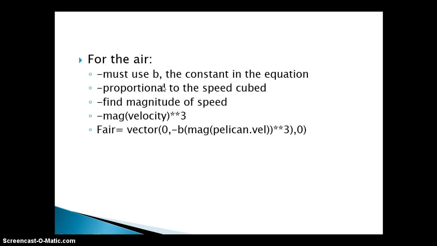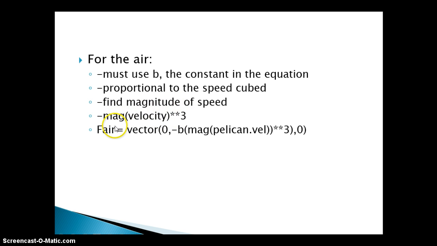Now we have to focus on the net force for the air, which is the drag force. We must use b, which is given, and we don't have to write it out, we can just use this. It is proportional to the speed cubed. So we have to find the magnitude of speed. To find the magnitude of it, you do mag of velocity, that gives you the speed, and then we have to cube it.